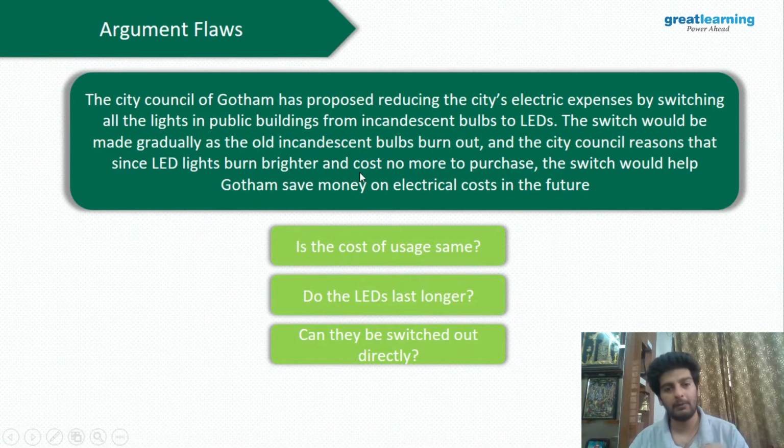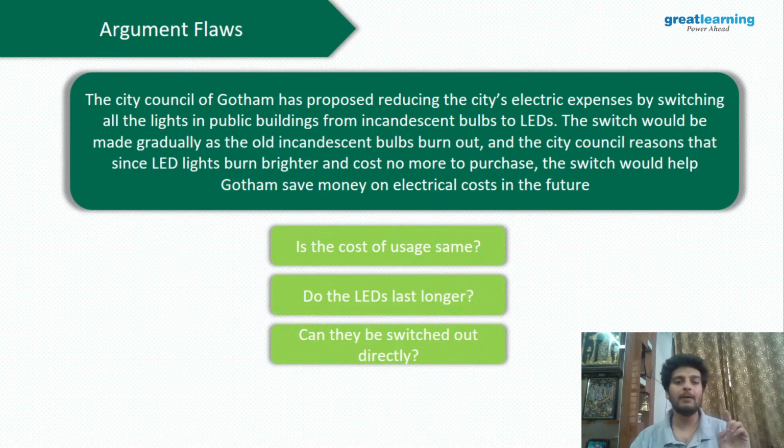If you read this properly, what this argument states is the LED bulbs cost no more to purchase than the incandescent bulbs, which would mean that the cost to purchase these LEDs and normal bulbs is the same, but there is nothing given to us about the cost of usage.